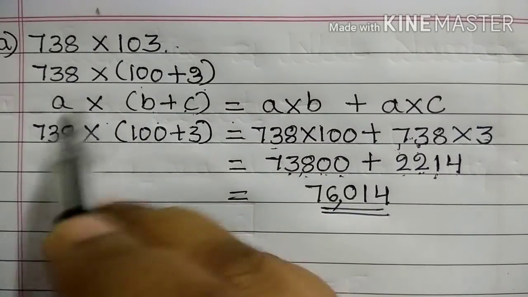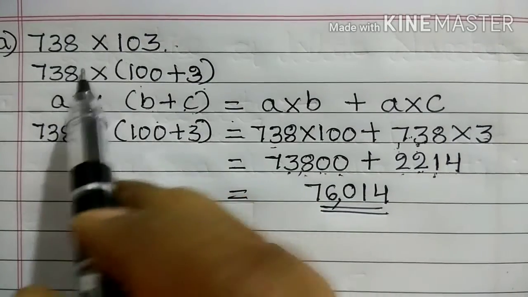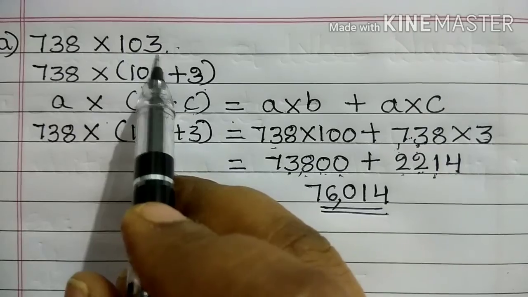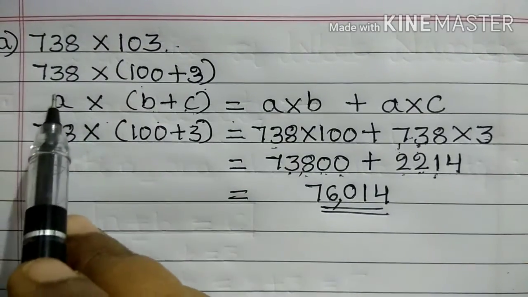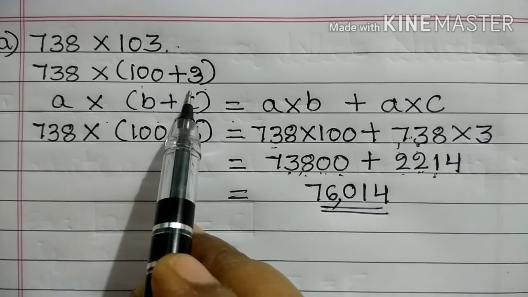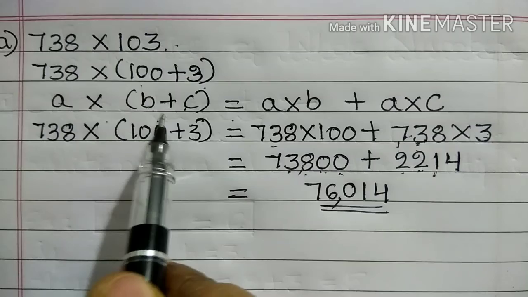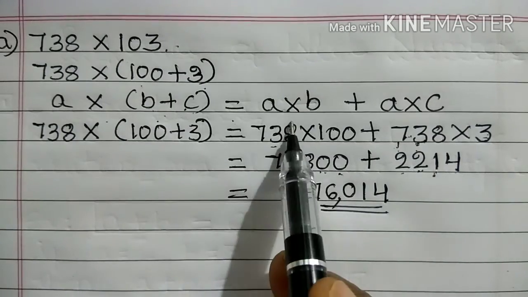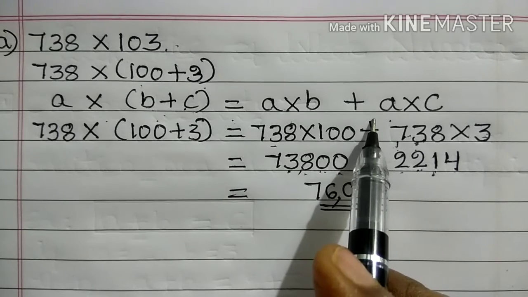Let us learn some problems based on properties. So 738 × 103. Here we have to apply the property, then solve. So 738 × (100 + 3). Instead of 103, we should write 100 plus 3. a × (b + c) equals a × b + a × c. So this is the distributive property.